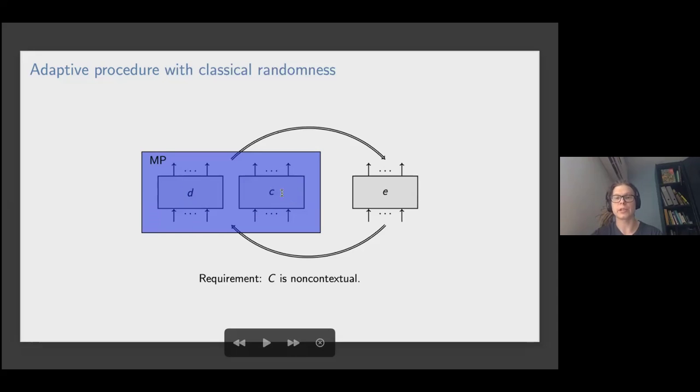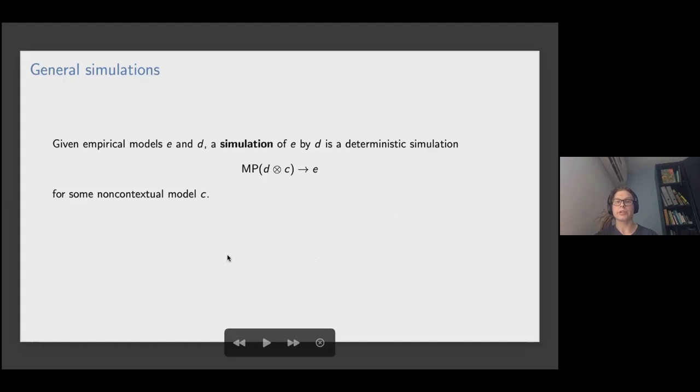The shared randomness is given by this box C, and the requirement is that it should be classical. So then, in the more general sense, a simulation from D to E is a deterministic simulation from the measurement protocol operation applied to D times C, for some non-contextual model E.